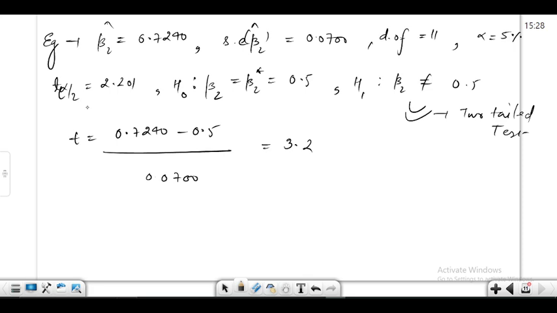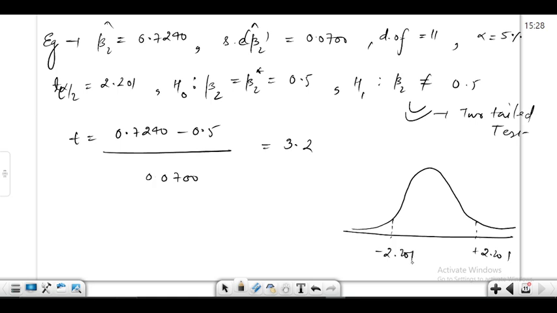So if I plot this on the graph, this is my t alpha by 2 value, which is equal to plus 2.201, and this is my t minus alpha by 2 value, which is equal to minus 2.201. So this is my 95% confidence interval.